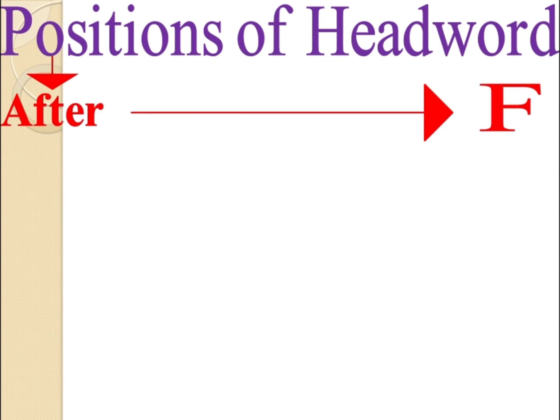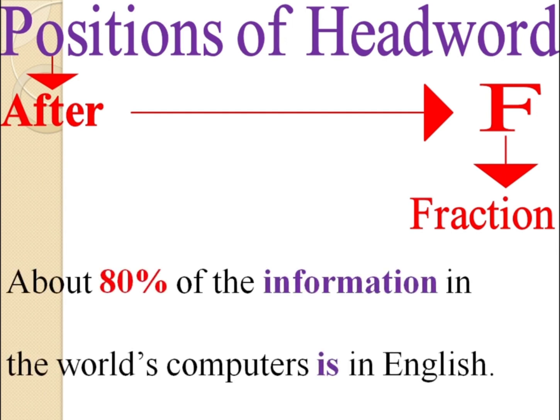After PIG-PAF, F. What does it mean? Fraction. You see: about 80% of the information in the world's computers is in English. Here the fraction is 80%. After the fraction, there is the headword, which is singular, that follows the singular verb is.